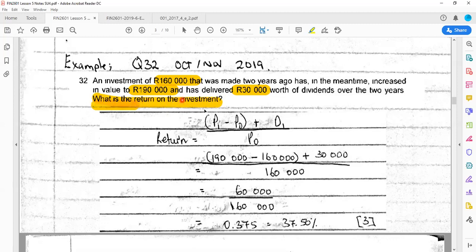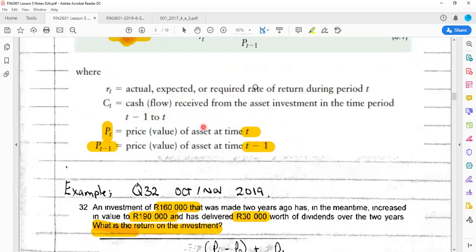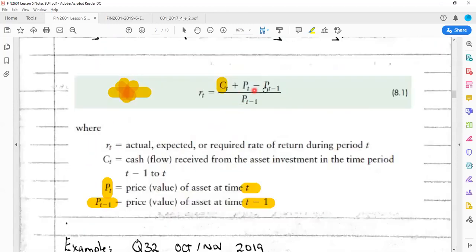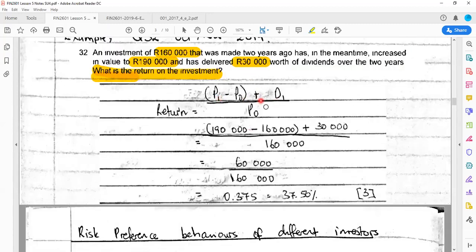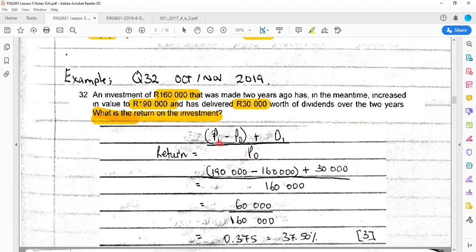Okay, so they want the return on the investment. As I've said, we can rewrite this formula. Even if you write it in this way, you'll get the answer. If you write it in the way I wrote it, the answer will be the same. So we take the value of the investment at the end, which is 190,000, that's today at time t, minus the value of the investment at the beginning, that's 160,000, plus the cash flows that we got from the investment, the dividends, plus 30,000.